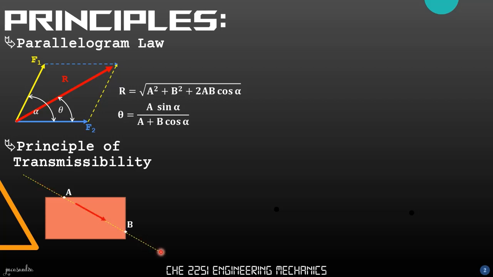So we could transmit it at point B, since point B is on the line of action of the force. Transmissibility simply means we could apply the force at any point as long as the point lies on the line of action of your force.